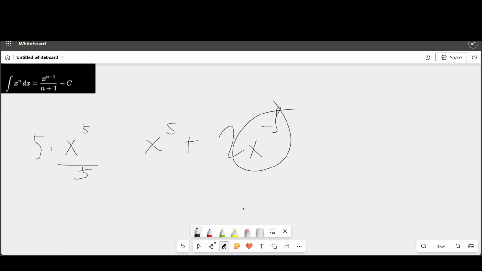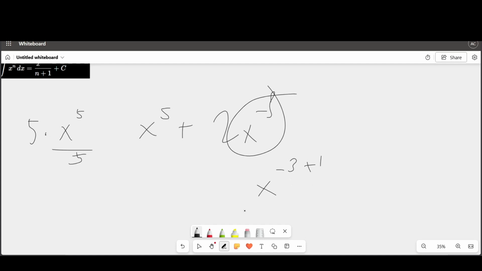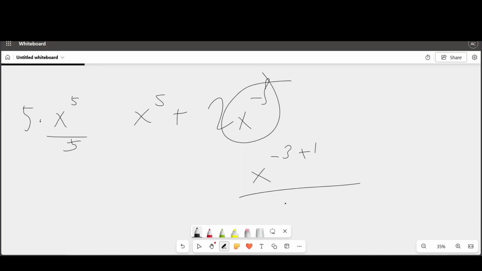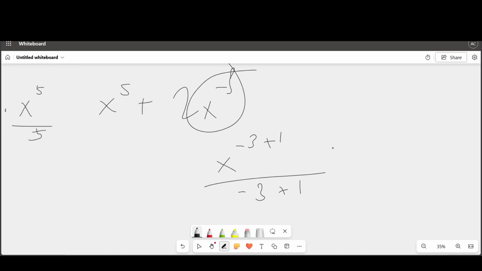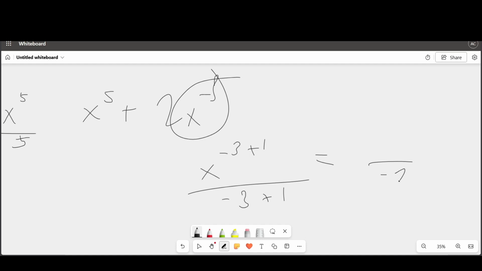Negative 3 plus 1 over negative 3 plus 1. Negative 2. Here we have x^-2.